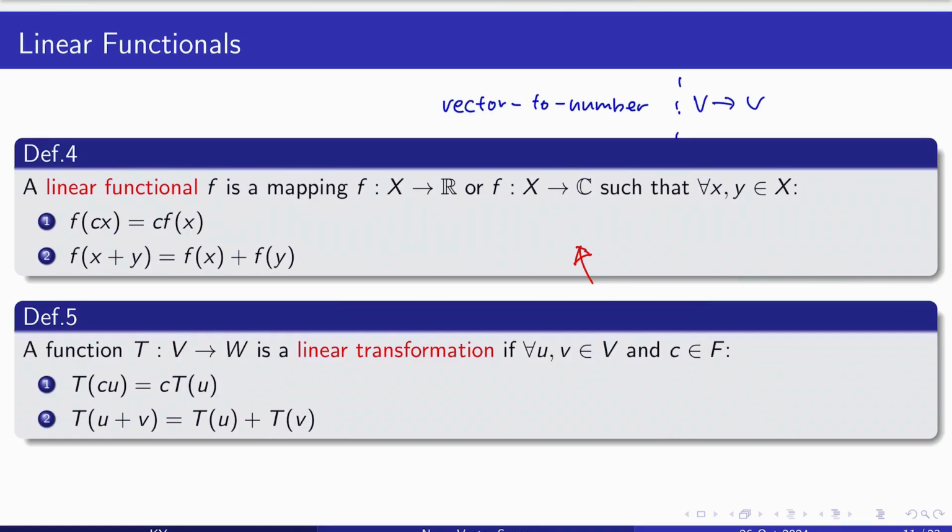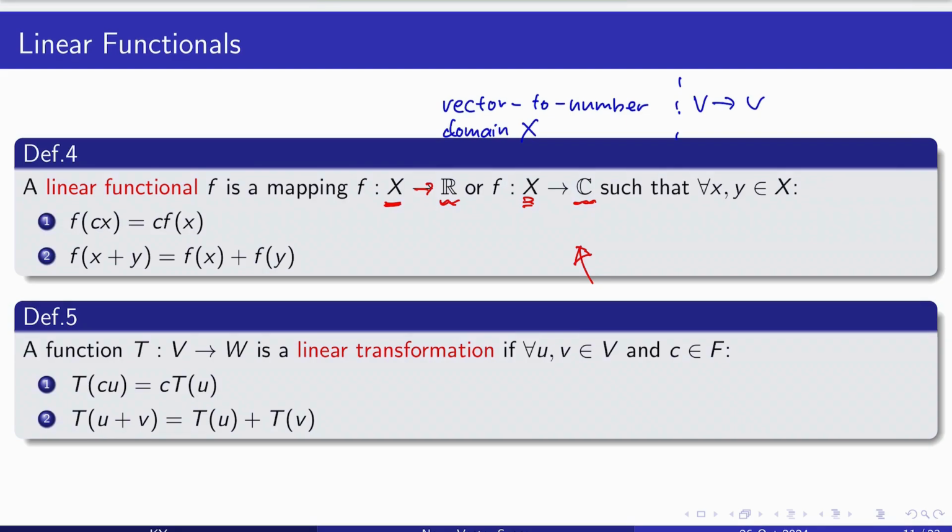And the domain right here is already fixed to be a linear space. You can see the same idea in the formal definition right here: the domain is already fixed to be a linear space, and the function sends it to numbers. So that's the idea of a linear functional.